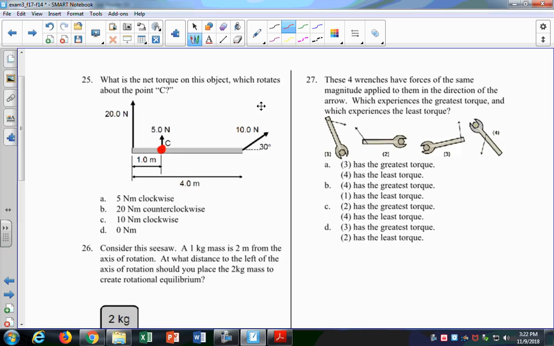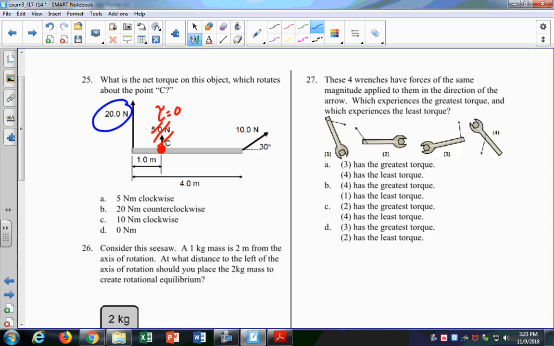Right away I say this force gives no torque at all, because if I'm pushing on the axis of rotation, this is my hinge right here, I'm never opening this door by pushing at the axis of rotation. So the torque due to this force is equal to 0.